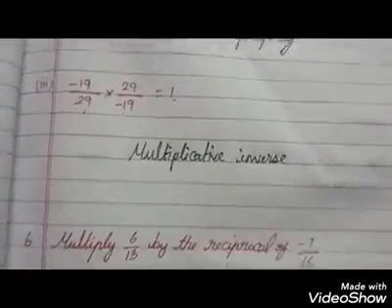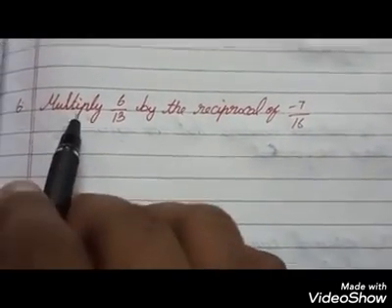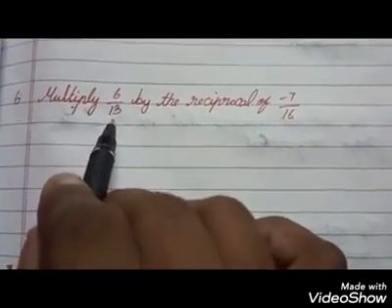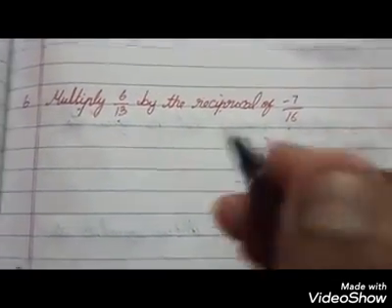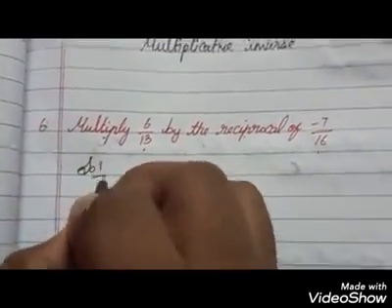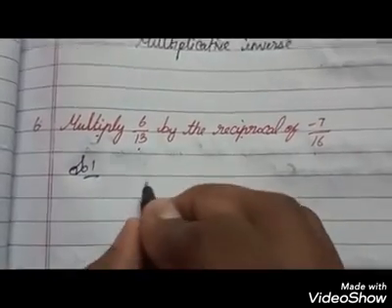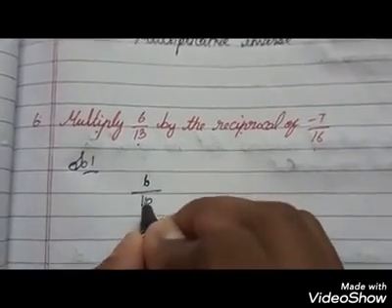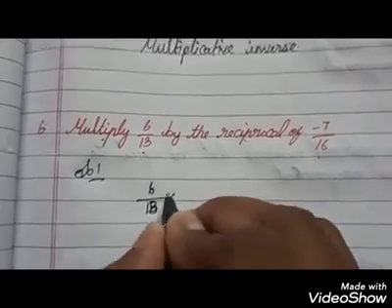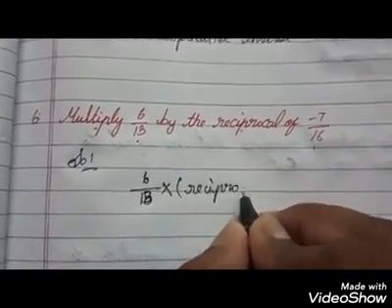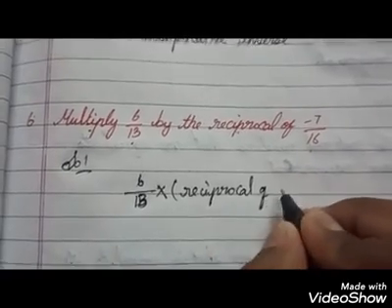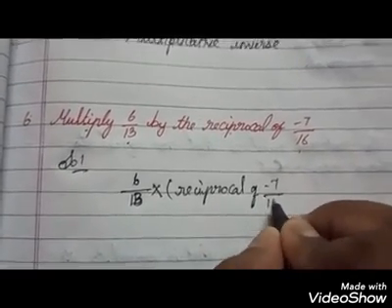Okay, so now move on to the Roman letter 6. Multiply 6 by 13 by the reciprocal of minus 7 by 16. How can it be written as multiply? So 6 by 13 can be multiplied with the reciprocal of minus 7 by 16.